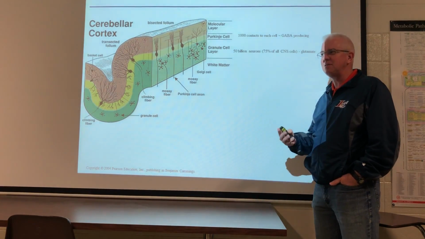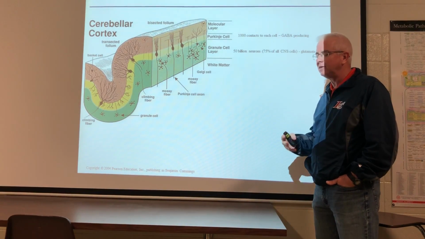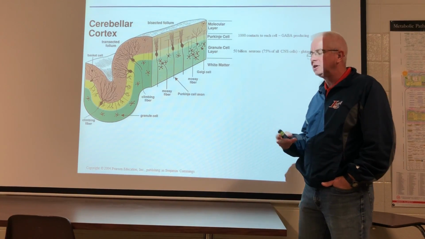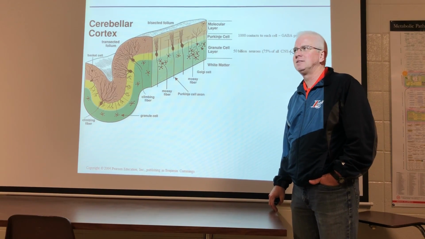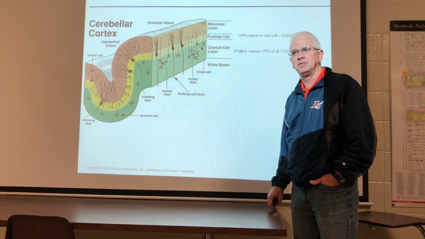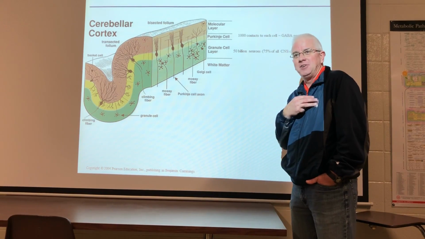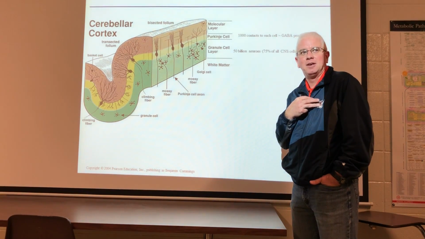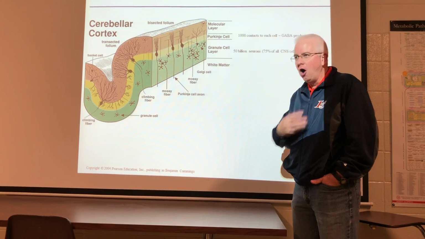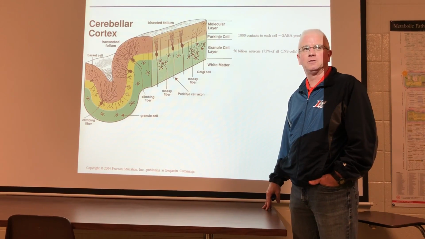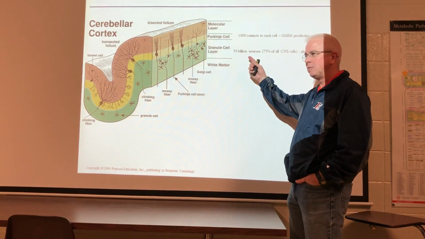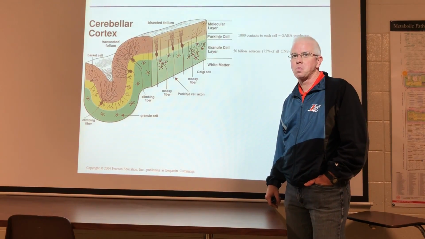Now, it seems obvious to me that if you're going to talk about the importance of a structure, you shouldn't spend time talking about 25% of it, right? But that's what we have done in neuroanatomy. We have spent all of our time talking about 25% of the total cell volume, because 75% of it is in the cerebellum.